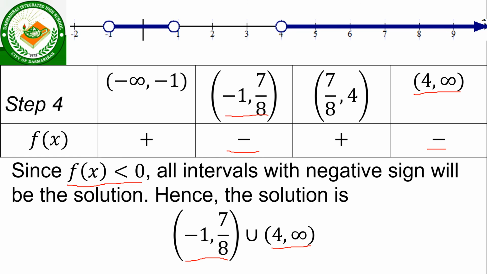From negative 1 exclusive, negative 1 is not included, up to 7 over 8 exclusive. 7 over 8 is also not included. Now we have here 4 exclusive up to positive infinity. So that will be the graph of the solution of the rational inequality.